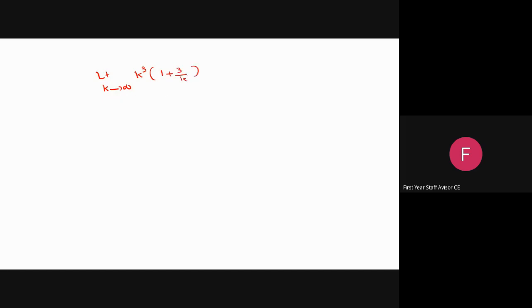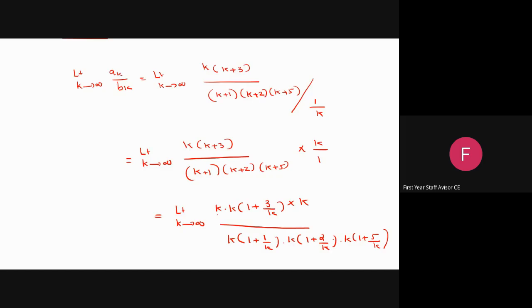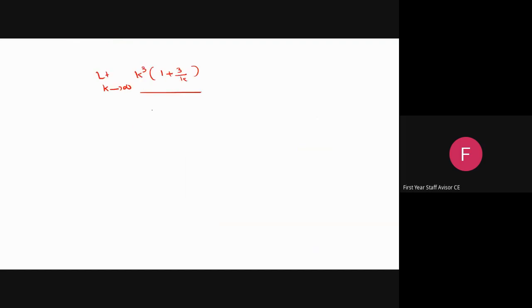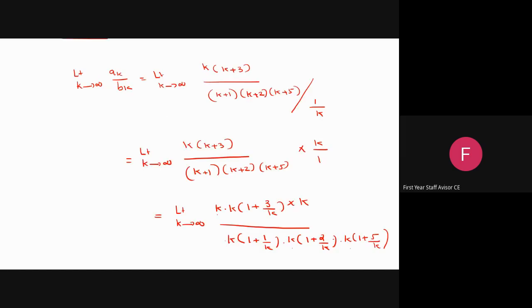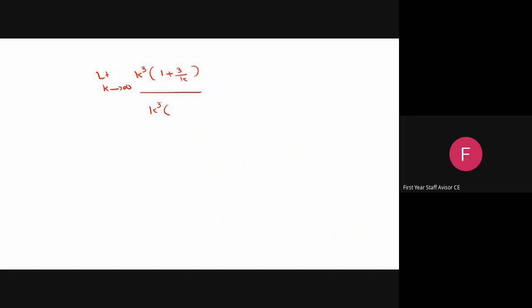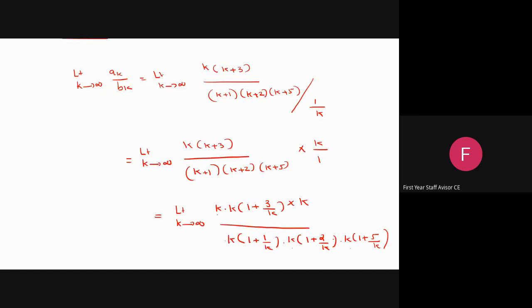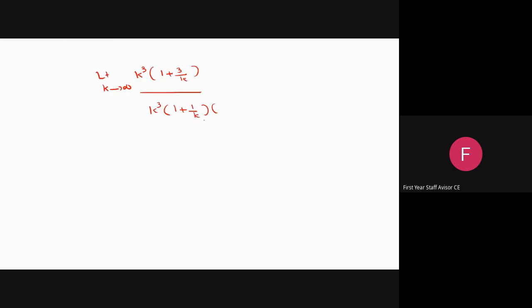Denominator: k into k into k is k cube, into (1 plus 1 by k) into (1 plus 2 by k) into (1 plus 5 by k).